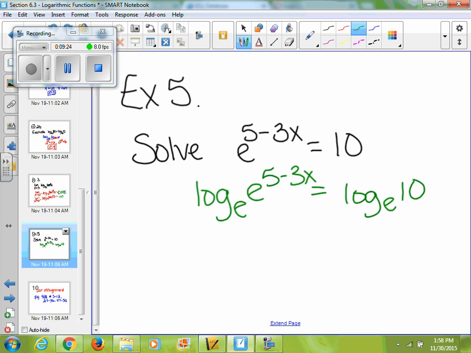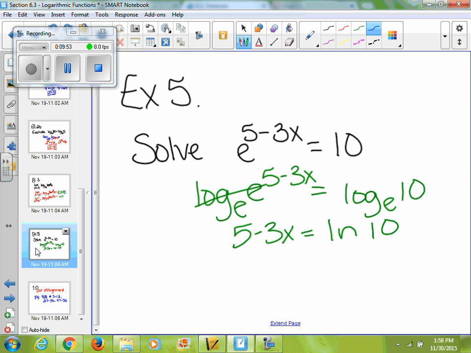What is log base e equivalent to? It has a special name. The natural log. So these cancel, and I'm left with 5 minus 3x. Log base e is the same thing as the natural log, so ln of 10. On the left, I'm left with 5 minus 3x. On the right, I'm left with natural log of 10.